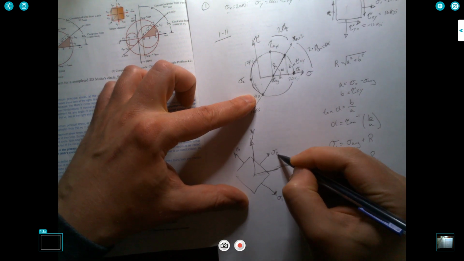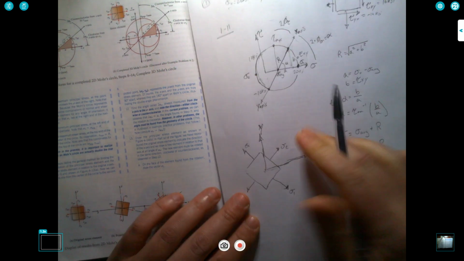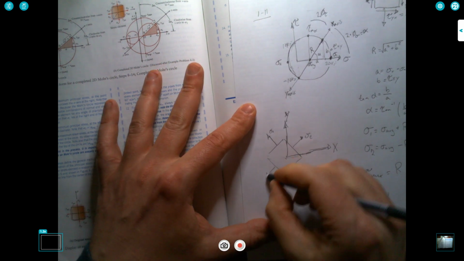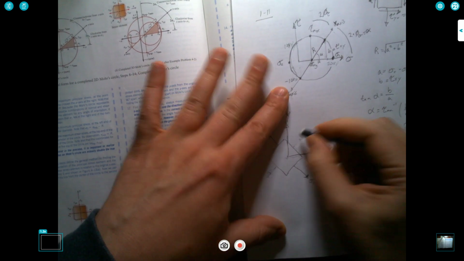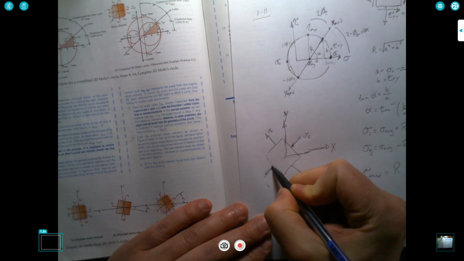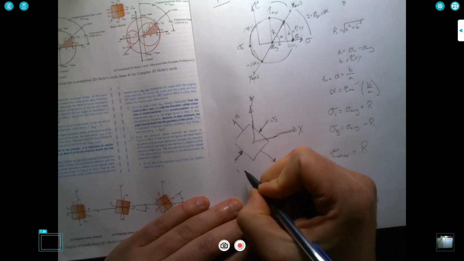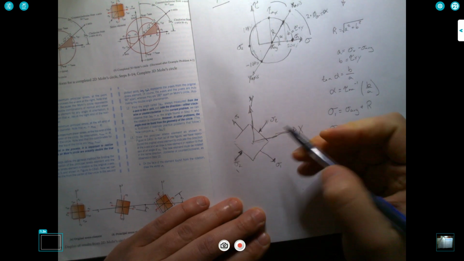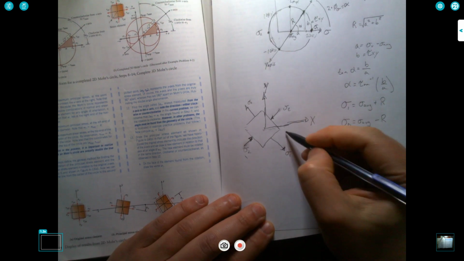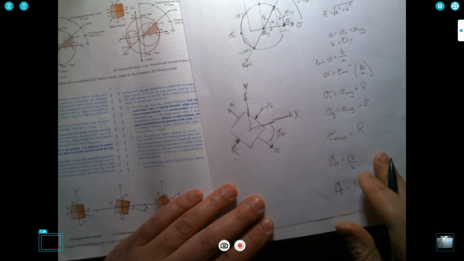So we have sigma 2 in this direction, and that's actually negative, right? So if that's negative, it's compression. So we end up getting, for strictly principal stresses, compression on sigma 2, tension on sigma 1, and we'd be rotating this by this phi sigma.